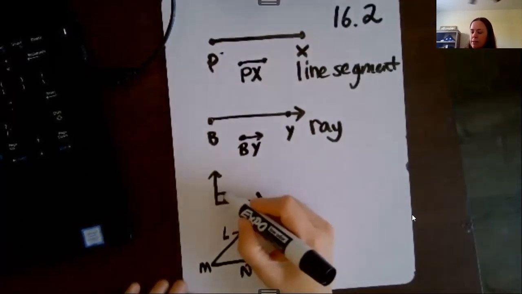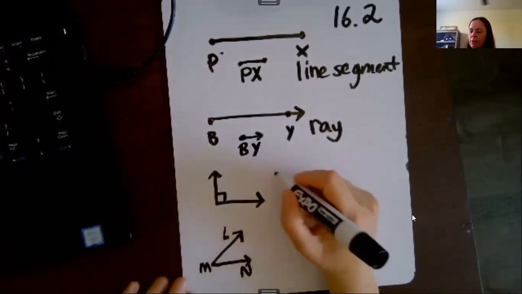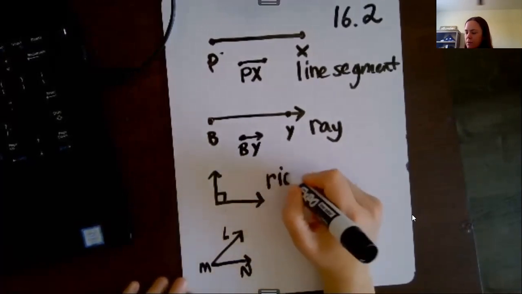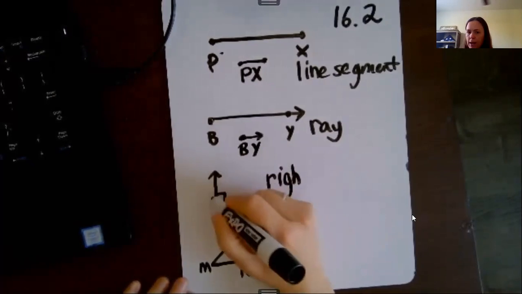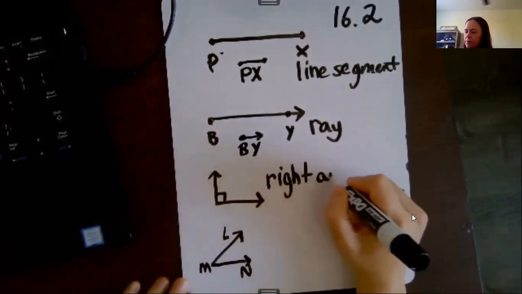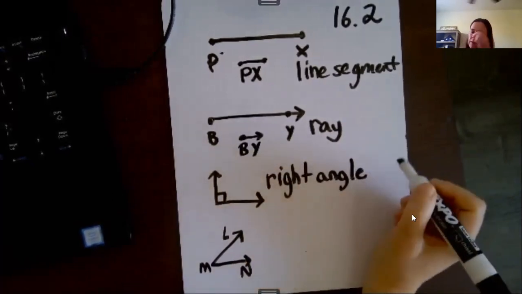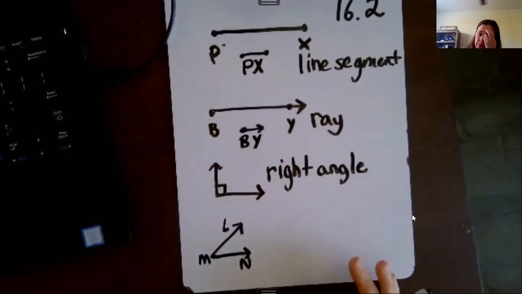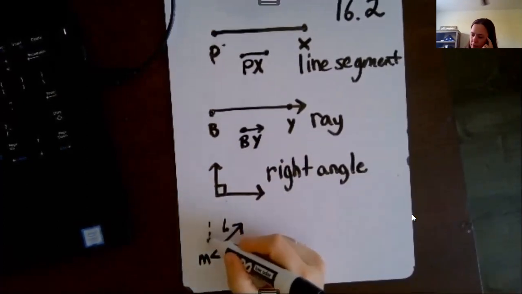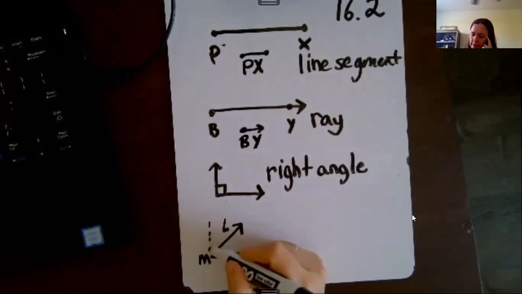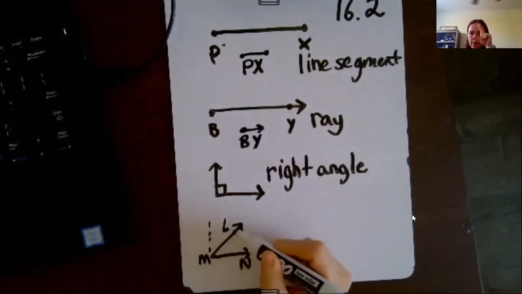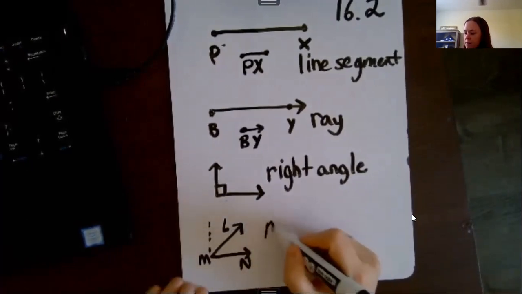Down here, there's this little box that lets me know that's a right angle. There's a ray and a ray. Okay, so this one, remember a right angle would be up to here. This is less than that. So that's what we call acute little angles.